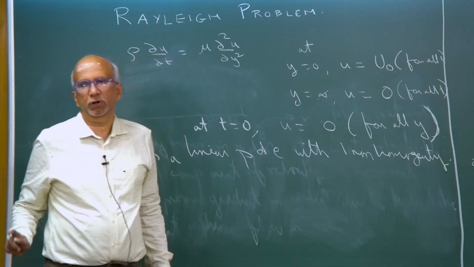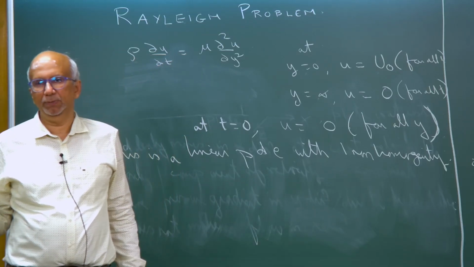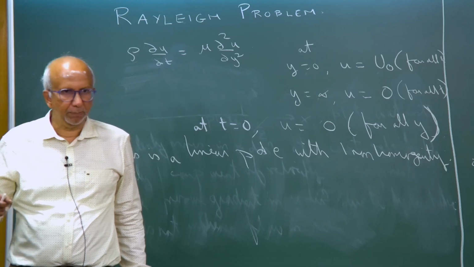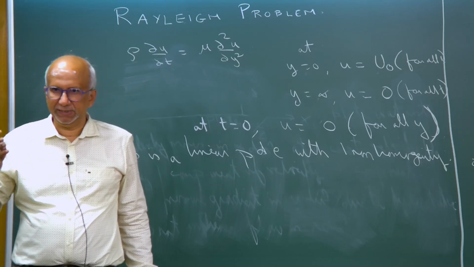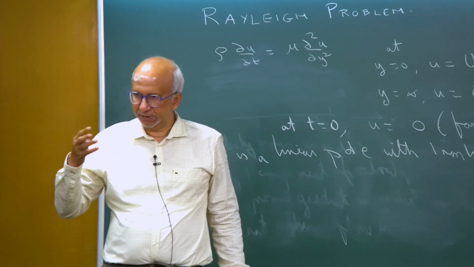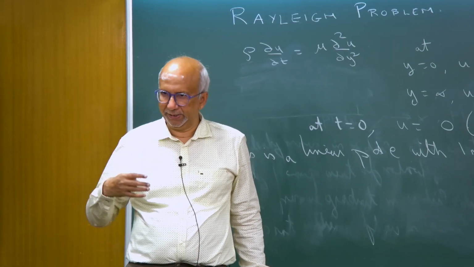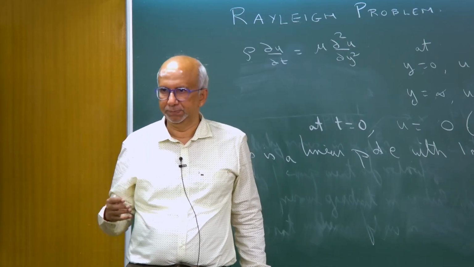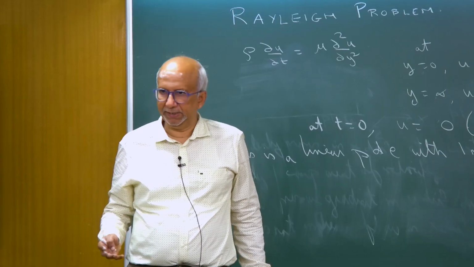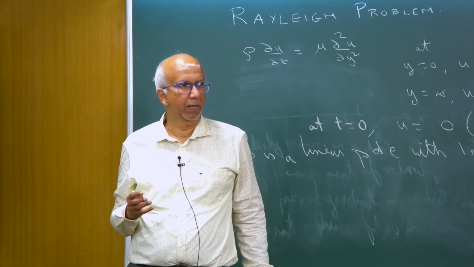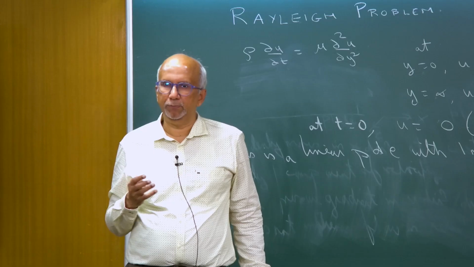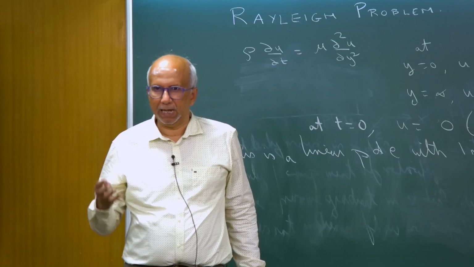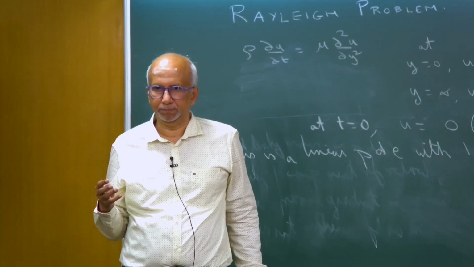The point is, one of the variables is time and the other variable is y, which extends to infinity. So, in the earlier problems that we did, the spatial extent which we were interested in solving was finite. It was going to 0 to L, 0 to R, things like that, 0 to H. Now, in the spatial direction, it is going to infinity. Okay. So, typically when you have problems of this kind, you will use things like a Laplace transform or a Fourier transform.